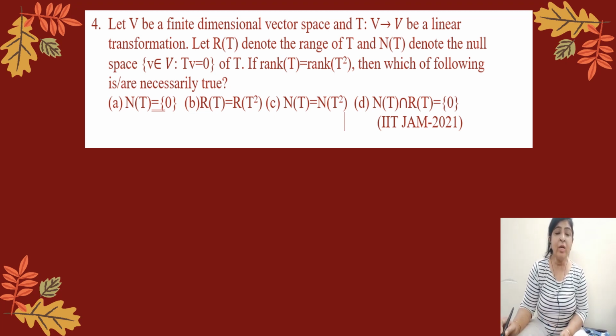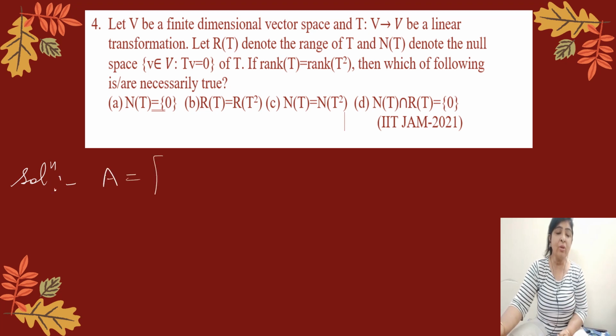So what we are given, we will take a set A like A is equal to 1 0 0 0. We take this set as we assume this. Now nullity of A, what will it be?